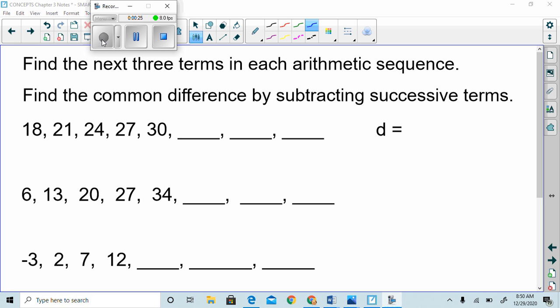As I'm looking at these, I want to find if there is this continual, constant change from term to term, and I can find out what that change is by subtracting successive terms. If I subtract 18 from 21, I see that there's a difference of 3, so I'm going to get a plus 3.